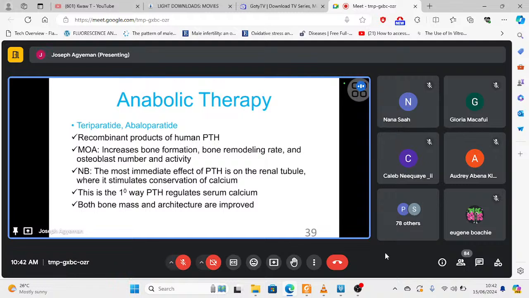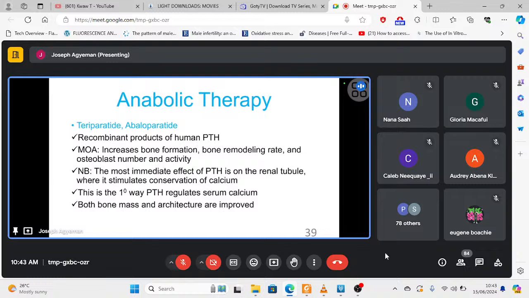That is the first effect of parathyroid hormone before eventually it will cause its problems. So these drugs have been genetically engineered to only do the initial response of parathyroid hormone, but not the eventual one that will increase osteoclastic activity. And therefore, through this mechanism, they are able to help solve osteoporosis.